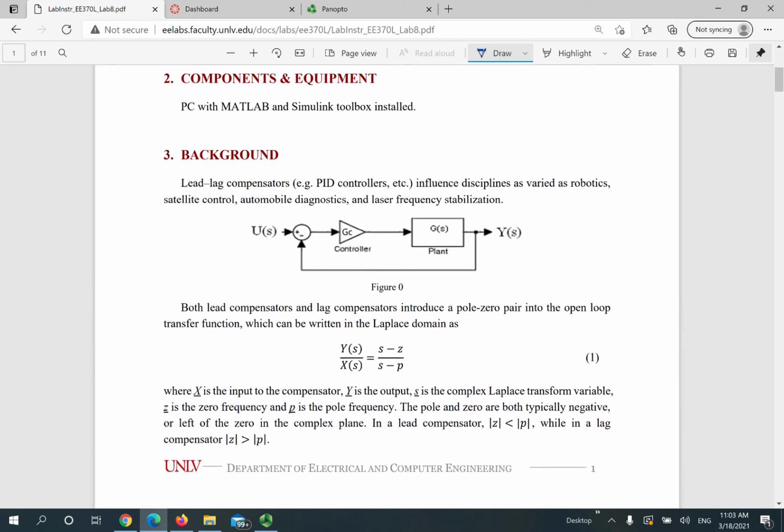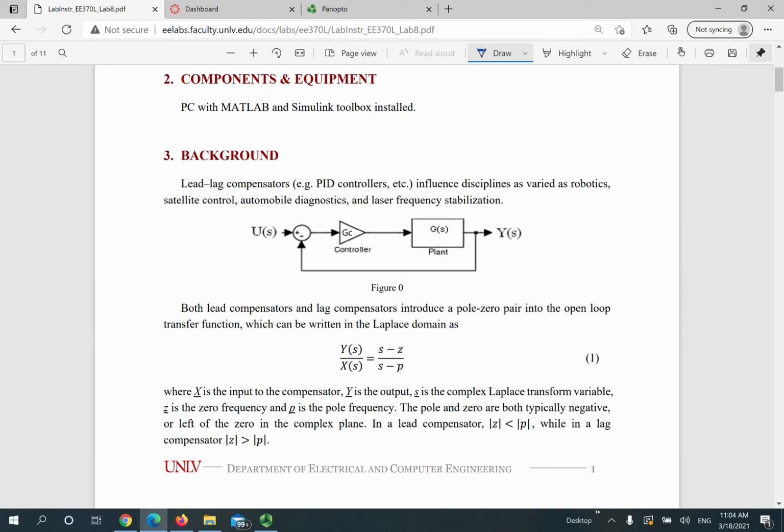Okay. And a lead-lag compensator can usually be represented like this in a mathematical model. So we have a zero and a pole over here. In case the absolute value of the zero is a lot smaller than the pole, then this is a lead compensator, which means the phase of the entire system will be brought forward.